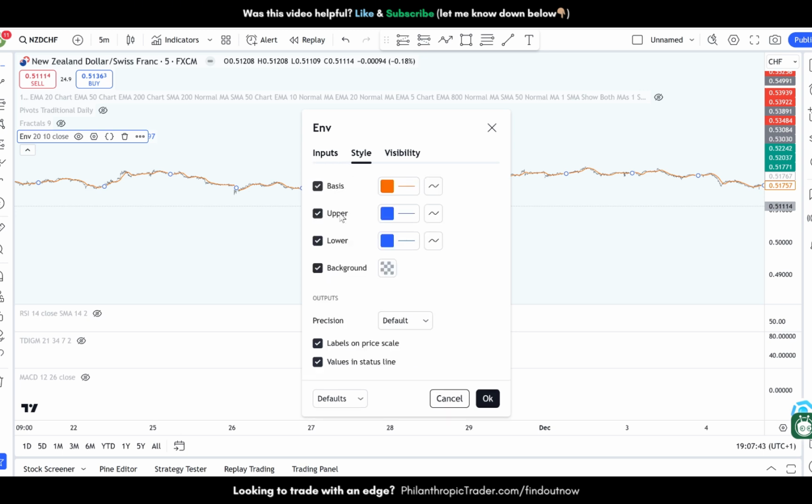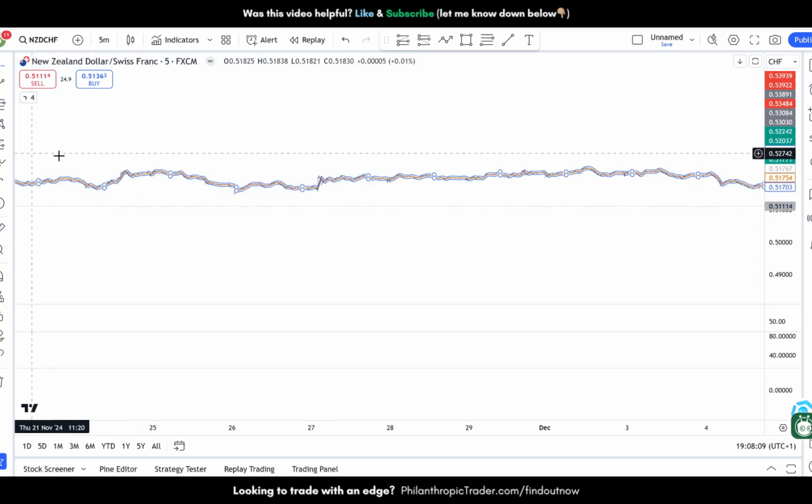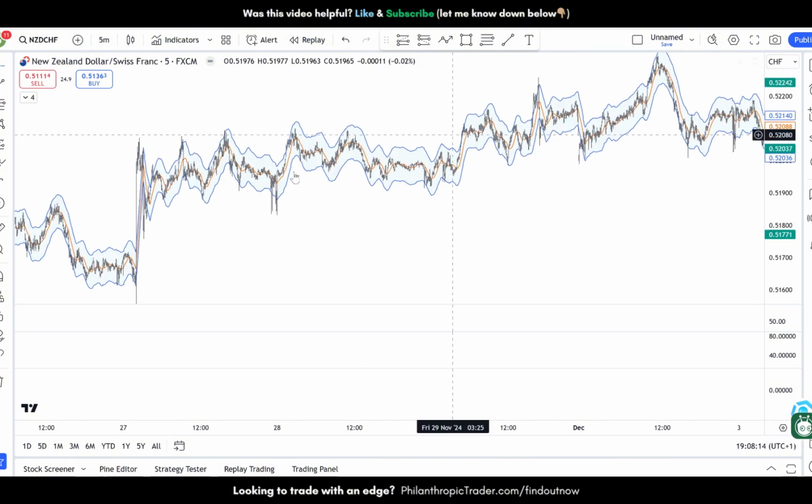And here we have the basis, the upper and the lower, and the background is this color. This is just default, and you can play around with that. For this strategy I used a length of 14, and the percentage is 0.1. This is what the majority of the people use.